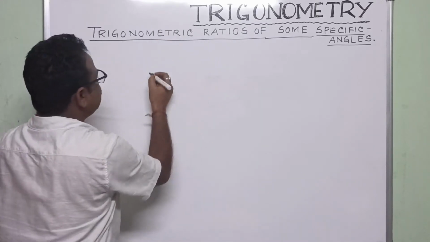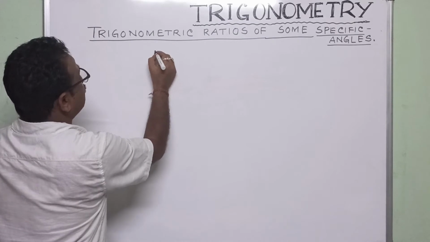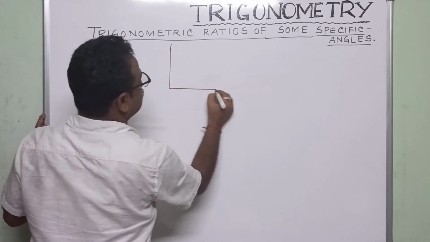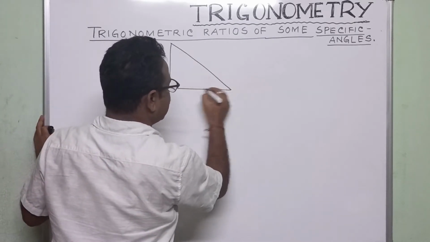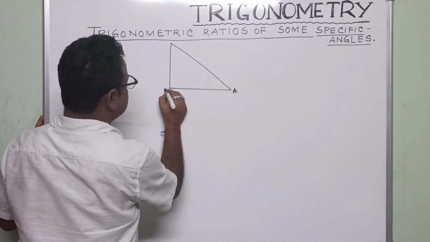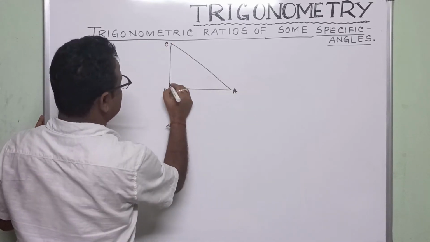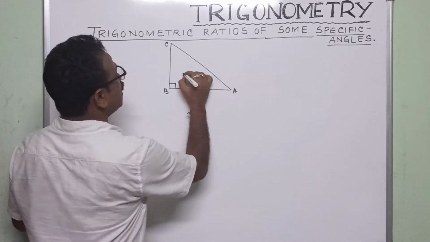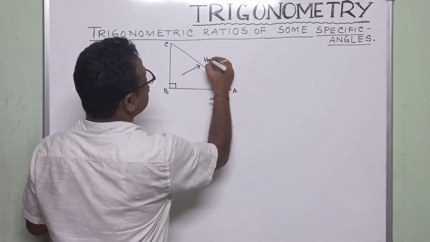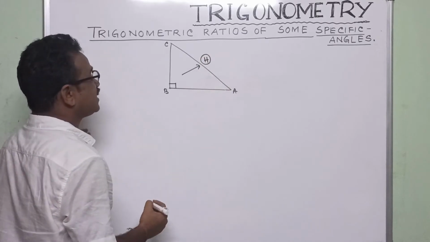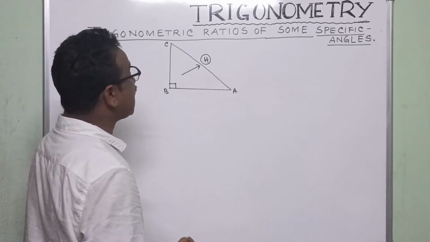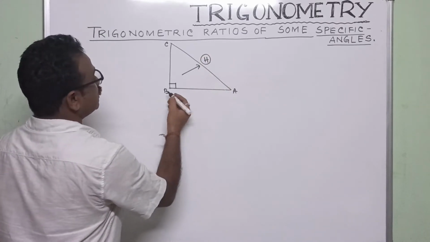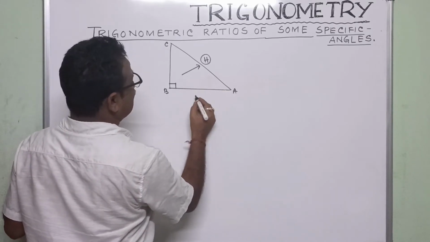Now take a right angle triangle, let's say ABC, with right angle at B. The side opposite to the right angle is the hypotenuse.